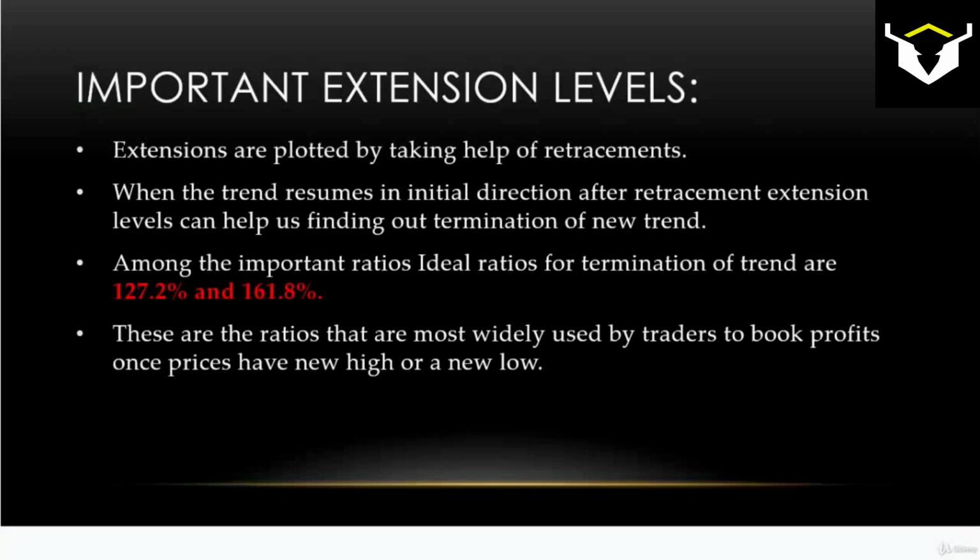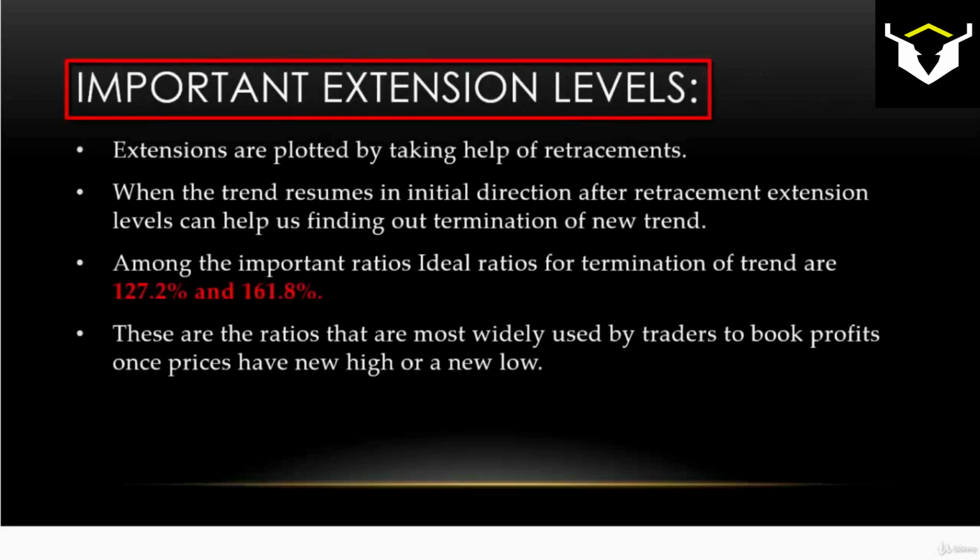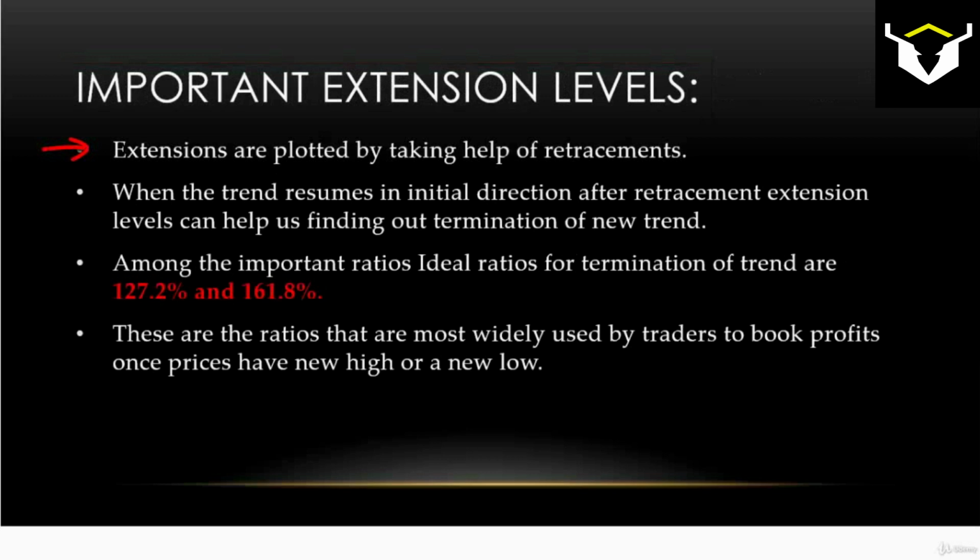So plotting extension is similar to plotting retracements, and extensions are used to understand levels where a trend might terminate, whereas retracements are used to find levels where a correction might terminate. Important extension levels: extensions are plotted by taking help of retracements.